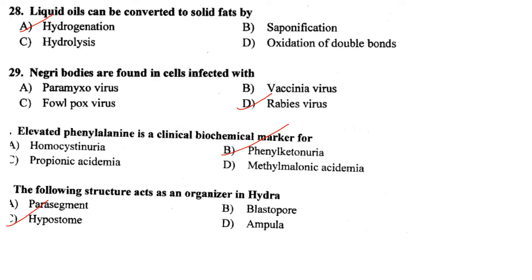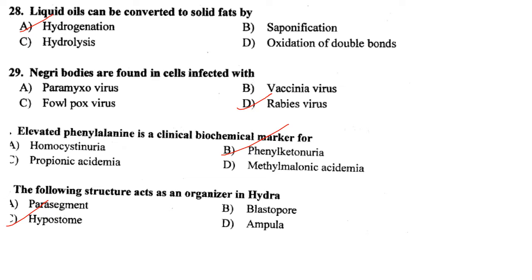Then elevated phenylalanine is a clinical biochemical marker for... It is a clinical biochemical marker for phenylketonuria. This phenylketonuria is an inherited error of metabolism caused by deficiency in the enzyme phenylalanine hydroxylase.